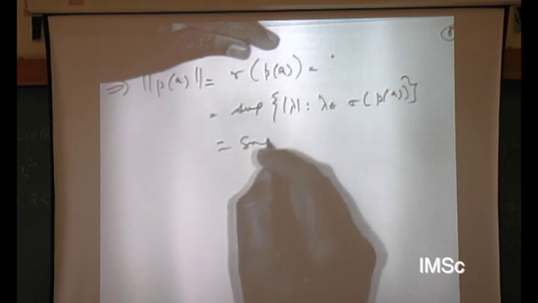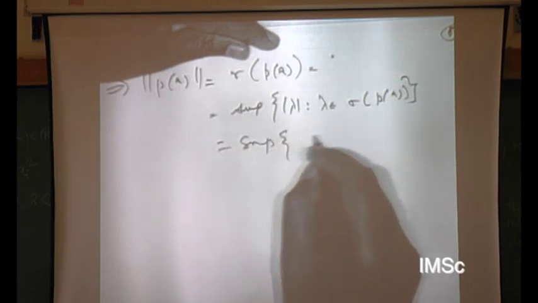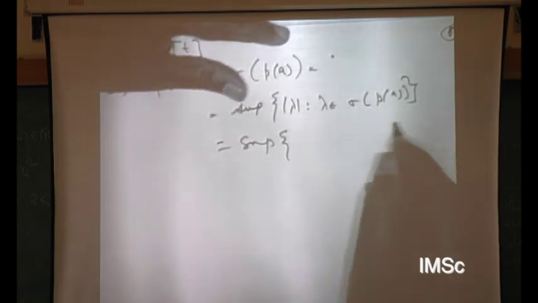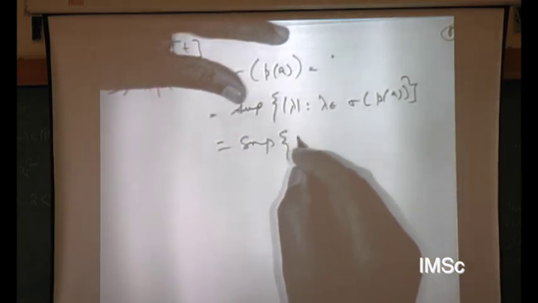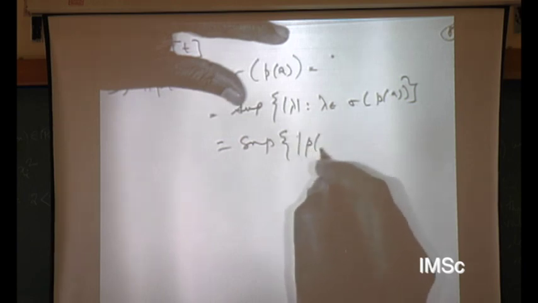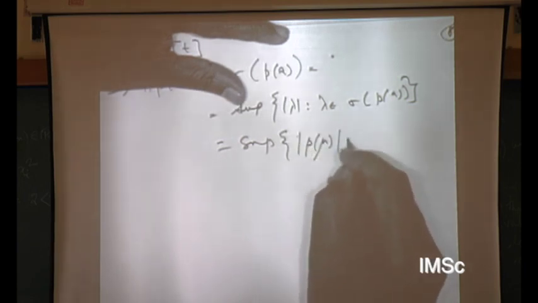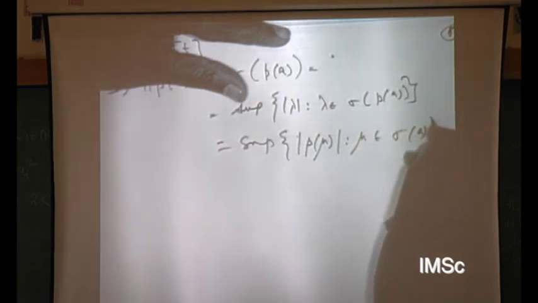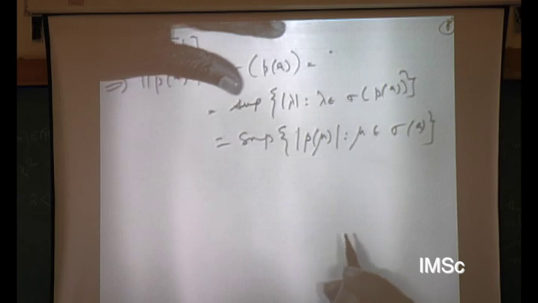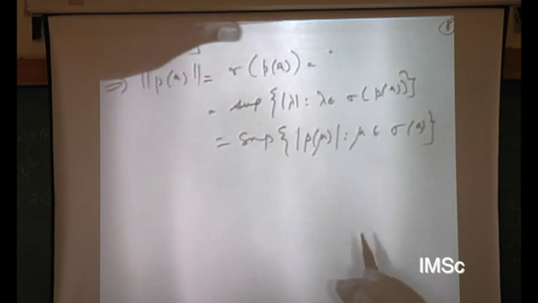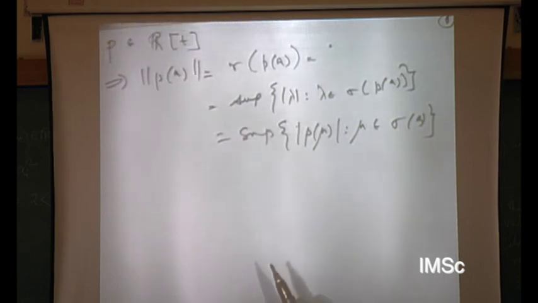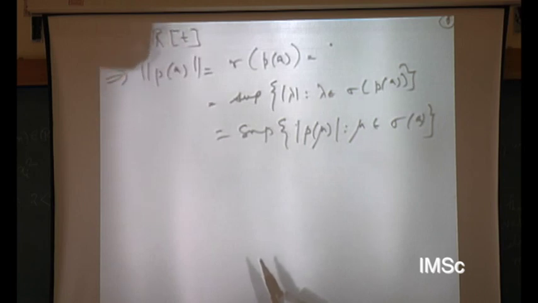Which I can write as sup of, spectrum of P of A is the same as P of spectrum A. So we can write this as mod P mu, mu in spectrum A. Right? Which is the sup norm of P on the spectrum of A.